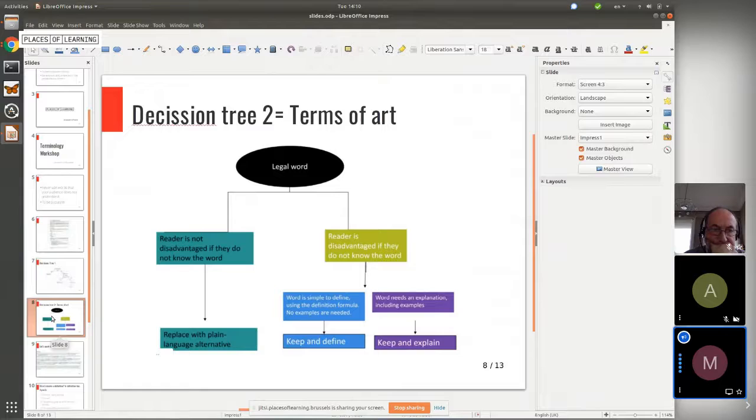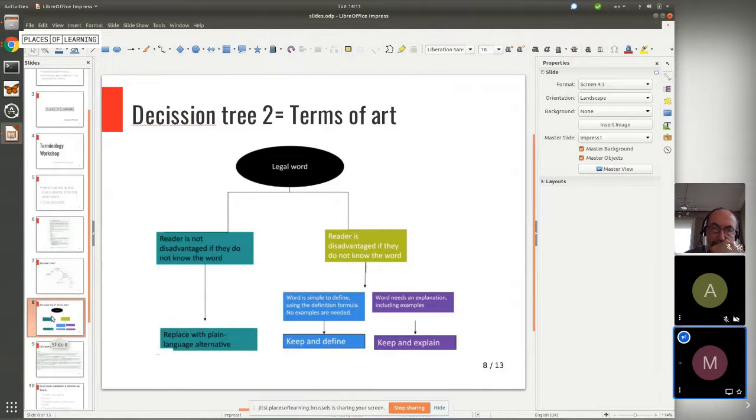And so we have a legal word. The first question that we ask is, is the reader disadvantaged if they do not know the word? That means that if the reader doesn't know the word, are we placing the reader in a situation of disadvantage in the relationship between the parties?